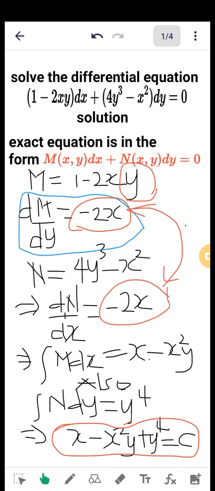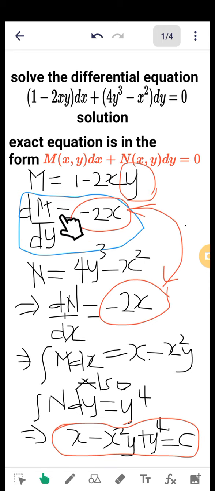Okay, so further, after proving this, we now deal with the main part. We integrate M with respect to x. Remember, the earlier part was just testing for exactness, the derivative part, but this is the original solution. So we integrate M with respect to x.